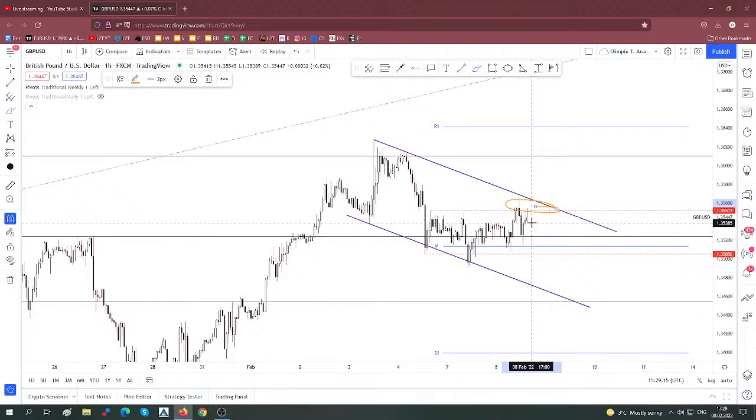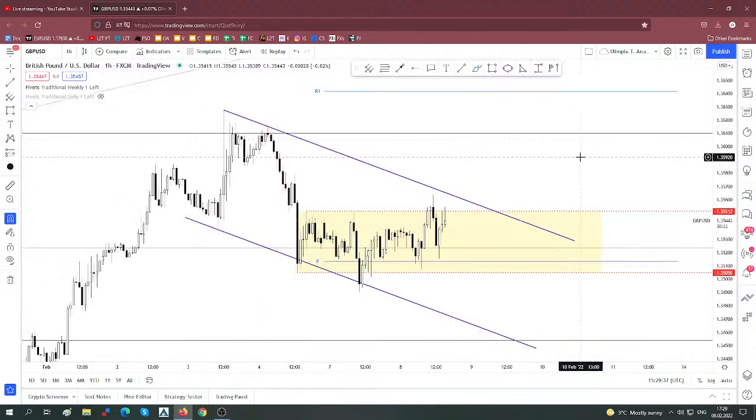But also don't forget, we have a range pattern here between 1.3551 and 1.3505. We have a false breakdown, but also a false breakout from this range pattern.